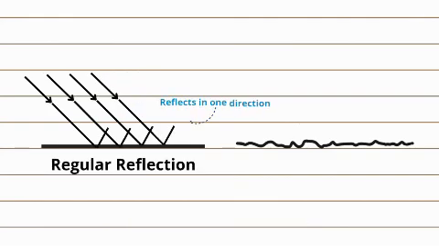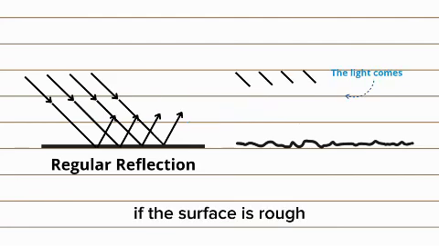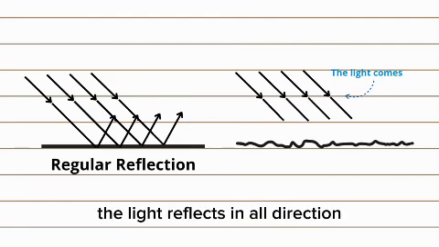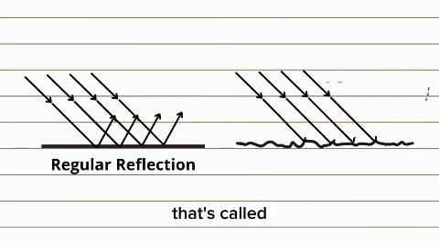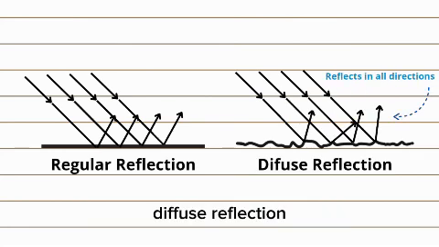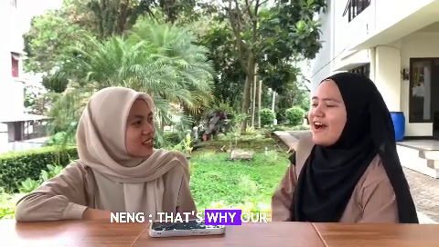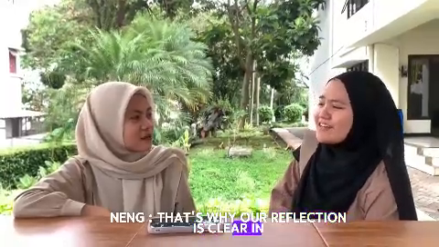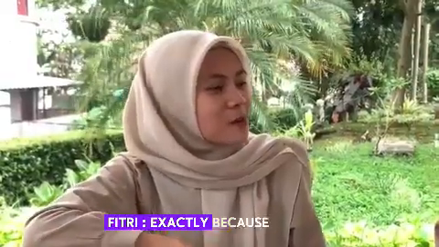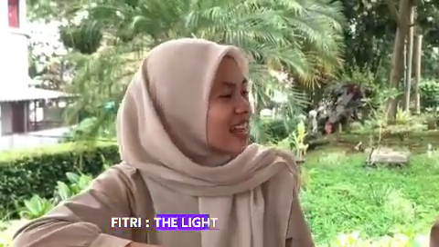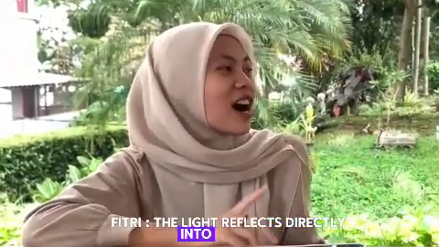That's called regular reflection. If the surface is rugged, the light reflects in all directions. That's called diffuse reflection. That's why our reflection is clear in the mirror, right? Exactly. Because the mirror is flat, the light reflects directly into our eyes.